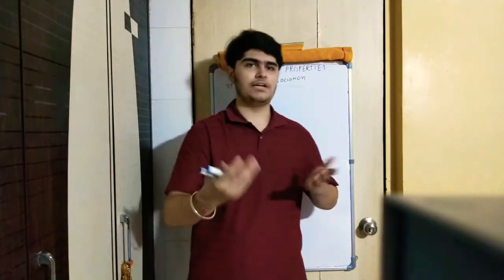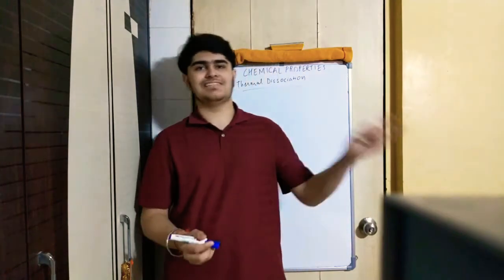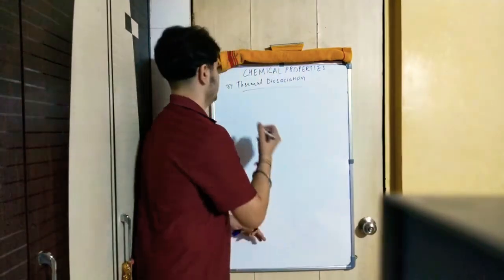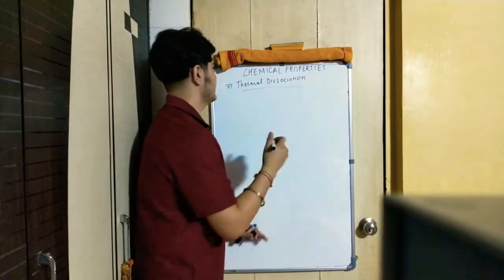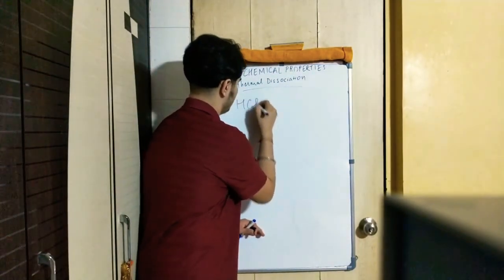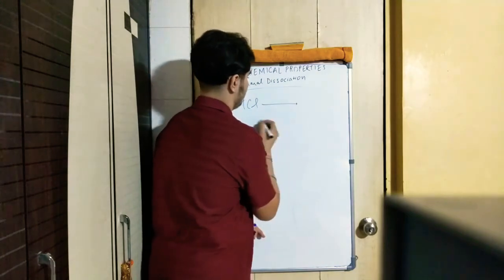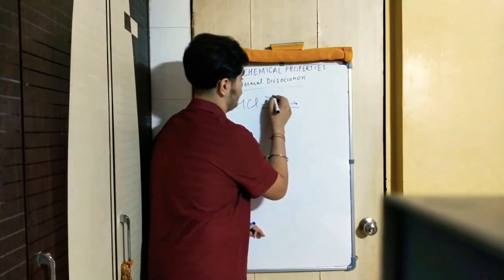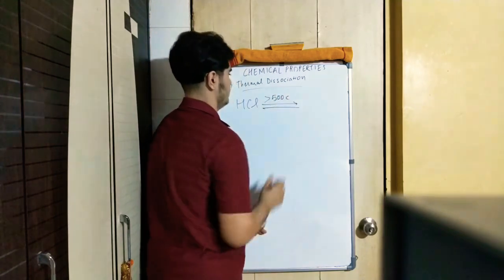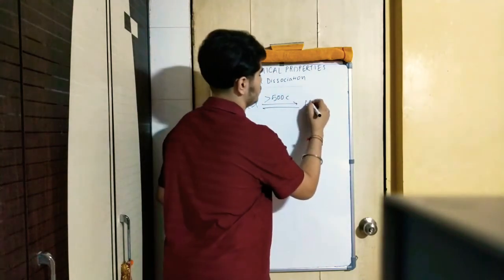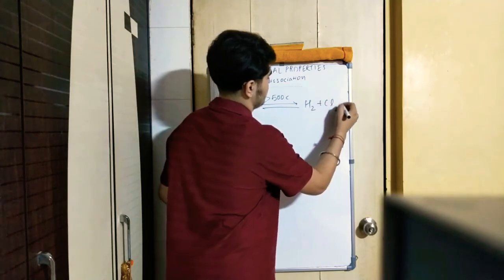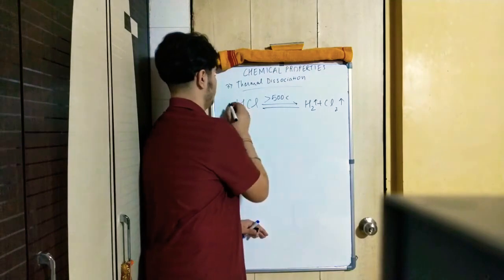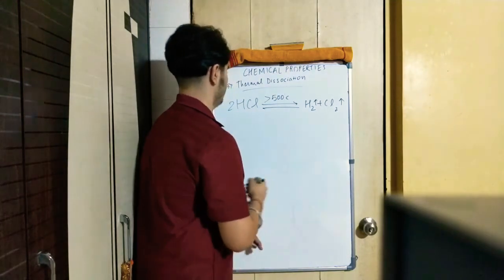Dissociation means splitting into two parts, and thermal means in the presence of heat or sunlight. So if we heat up HCl gas, it's a reversible reaction: above 500 degrees Celsius, we get H2 plus Cl2. If you want to balance it, you can even put 2 here.